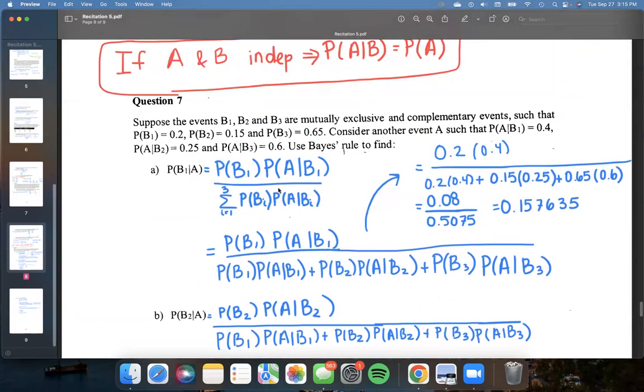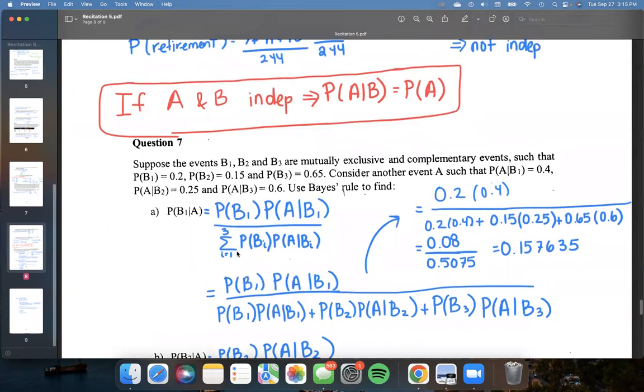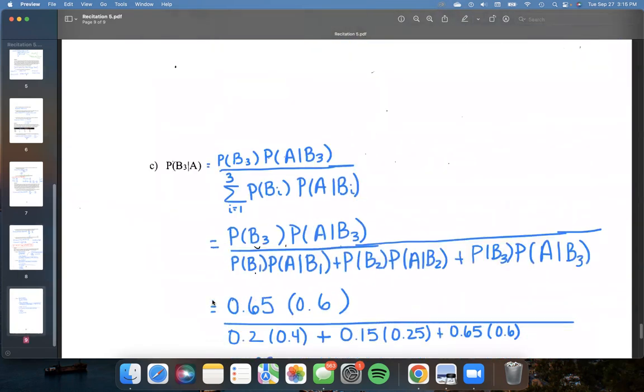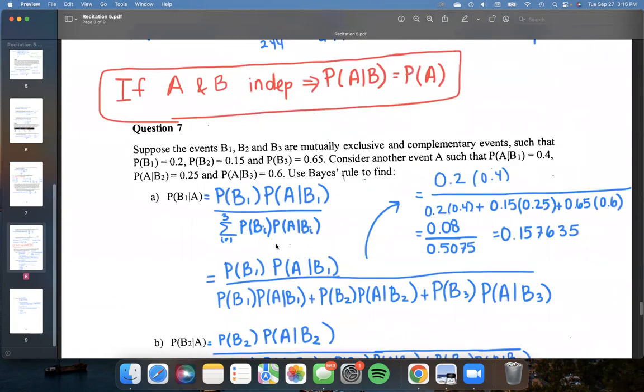And the first one is the first chunk of the denominator, the 0.2 times 0.4. When I had to solve all three, it just helped to realize that while plugging things into my calculator.